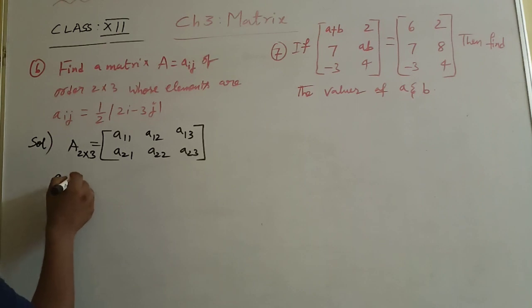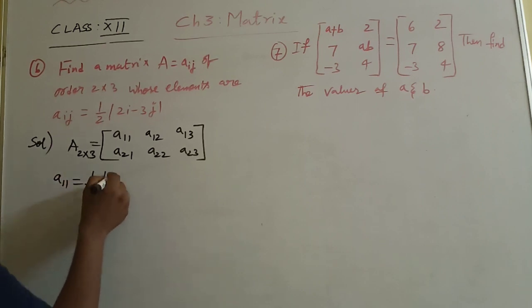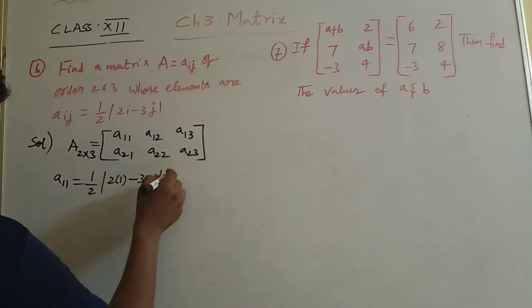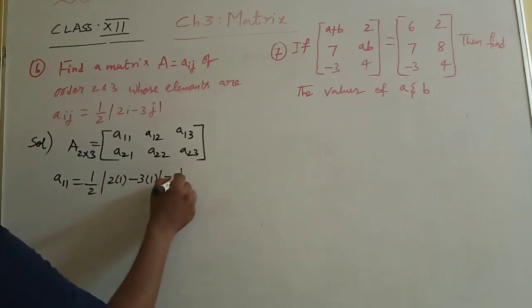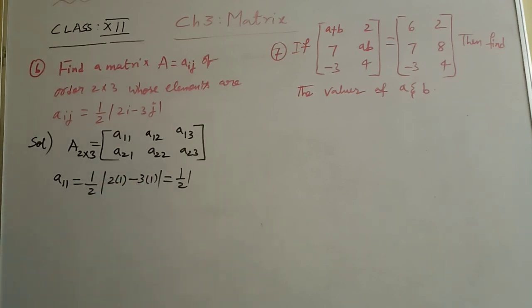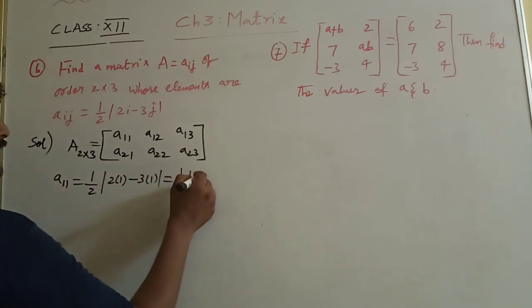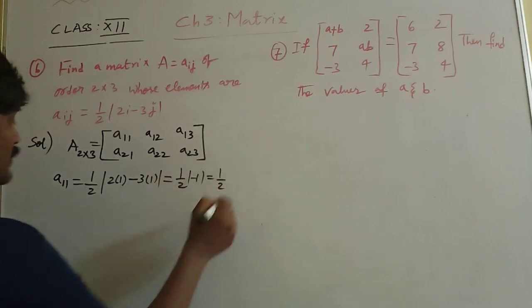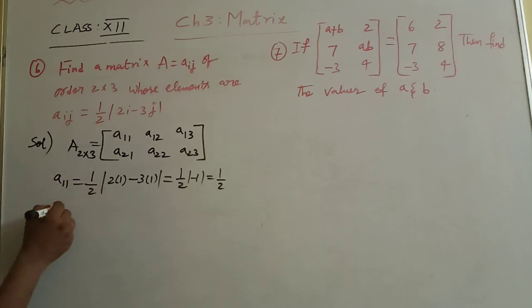So a11 is half modulus of 2 into 1 minus 3 into 1. So we can write half modulus of 2 minus 3. 2 minus 3 means minus 1. In modulus, minus 1 we can write as plus 1. 1 into 1 upon 2, so a11 is 1 upon 2.